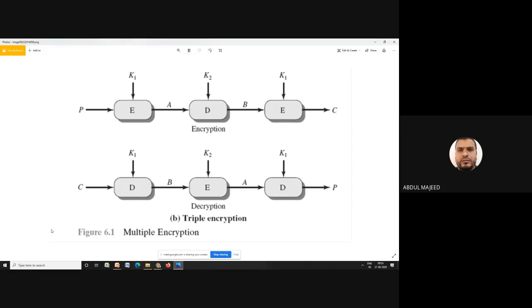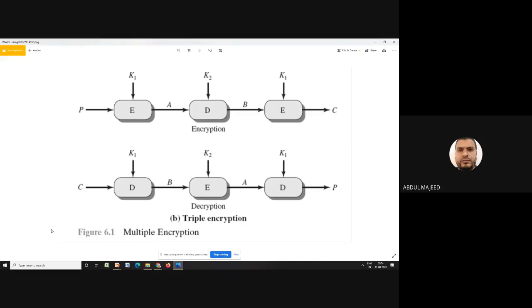Very first, our input is plain text. Here the plain text size will remain the same as in the DES algorithm, 64 bit, and the key size also remains 56 bit. The same plain text we apply for the three stages.